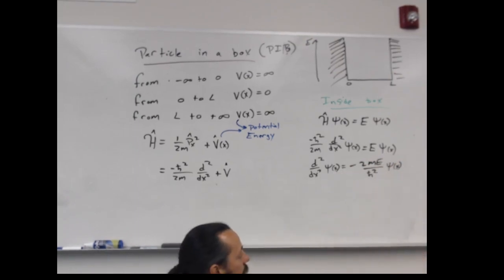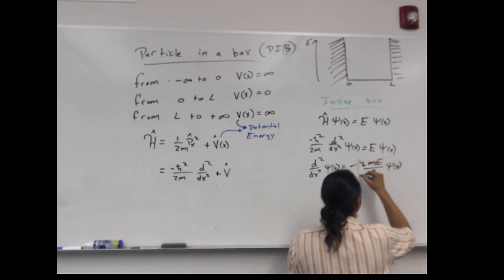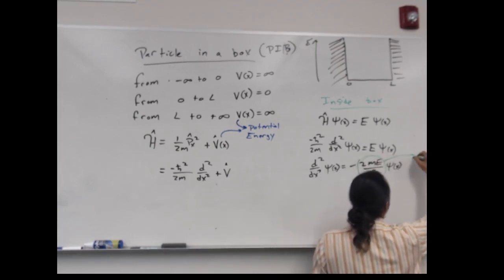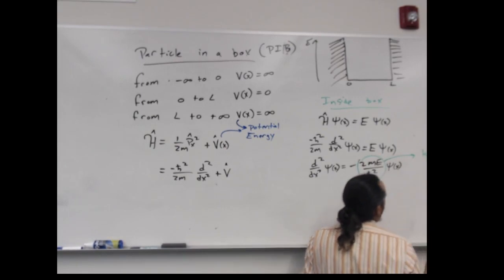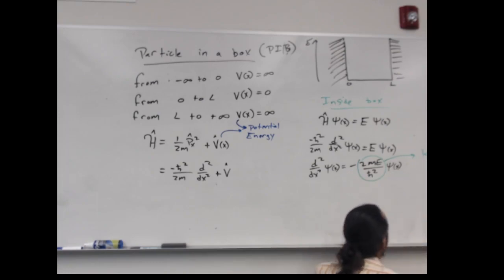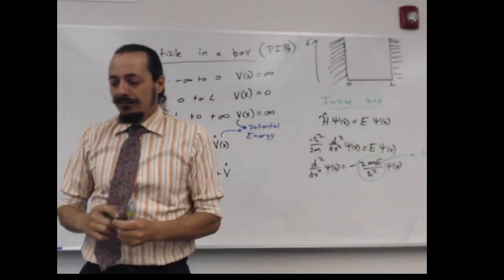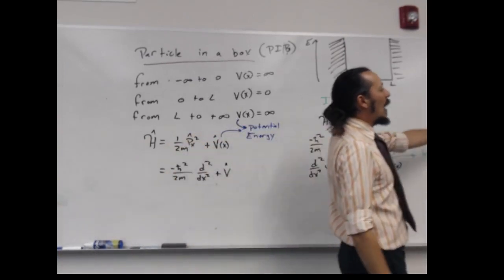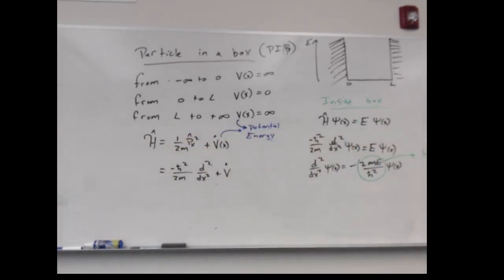I'm again going to define this whole chunk as k squared equals 2mE on h bar squared. And guess what? Same possible functions. Could be a cosine, could be a sine, could be an e to the ix, e to the minus ix. Same possible functions come out.